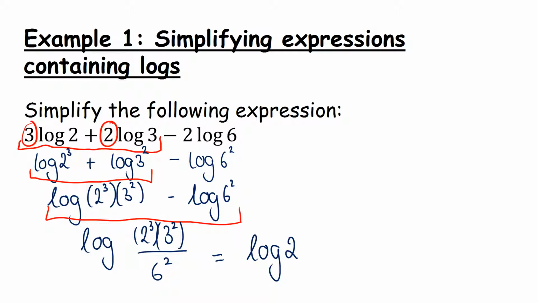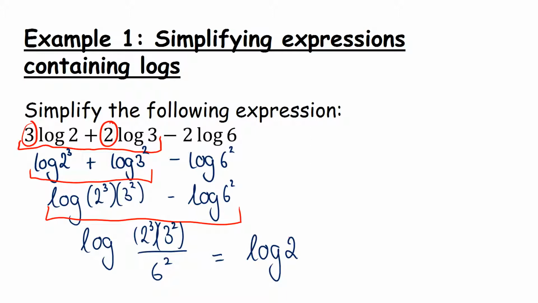And working the opposite way, when there is a number in front of the log, it can be brought up as a power. So this changes to log 2 to the power of 3 plus log 3 squared. And then we can also rewrite this log as log 6 squared.